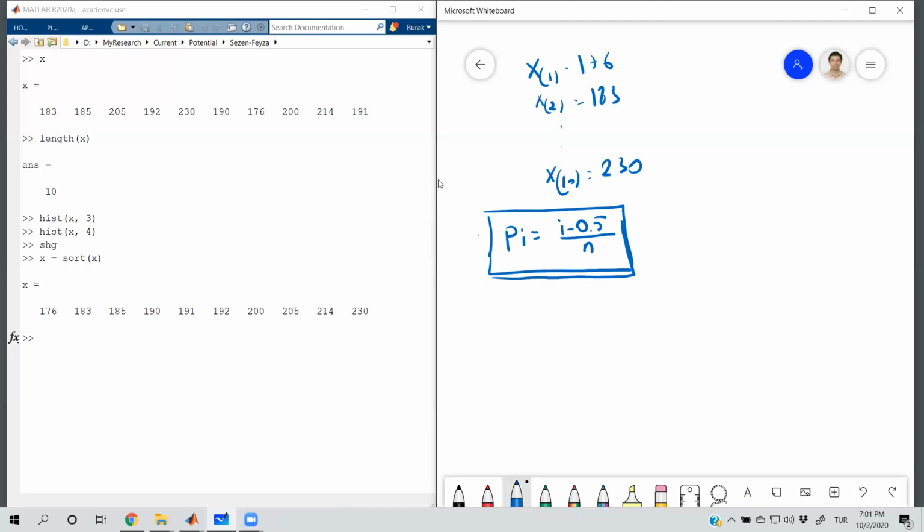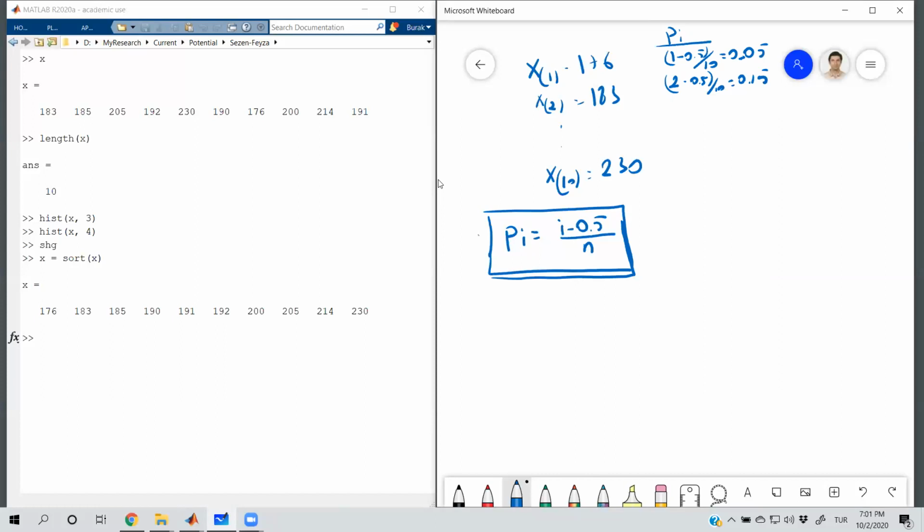So for this specific example, let me write the corresponding quantile values. The first value is going to be the first observation minus 0.5, divided by 10. So this whole value is going to be 0.05. The second observation is going to be 1.5 divided by 10, which is equal to 0.15.